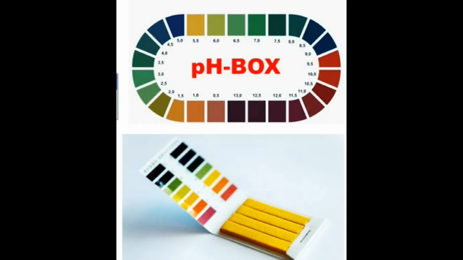The color produced on the indicator paper is then matched with a color on the standard pH color chart. We can read the pH value corresponding to this color from the pH color chart. After knowing the pH value, we can tell whether the given solution is a strong acid, a weak acid, a strong base, or a weak base.